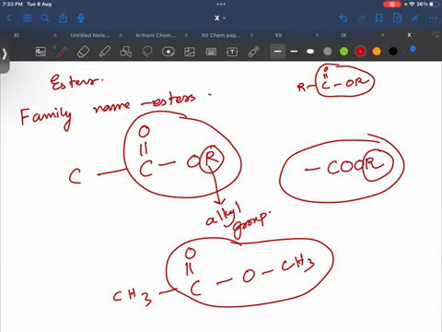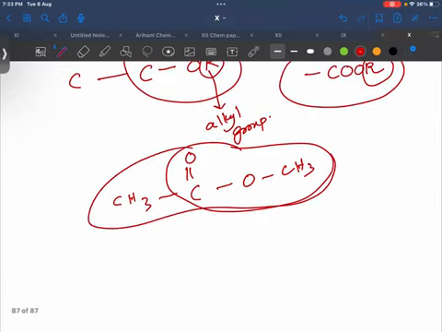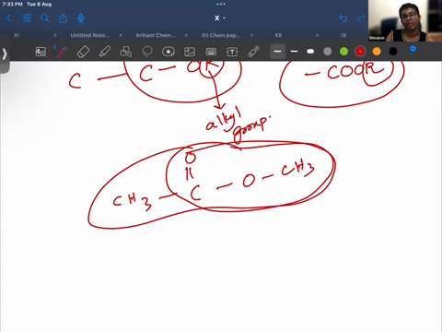What would you call the second one you just drew? It's methyl ethanoate. Some weird name. Leave it.